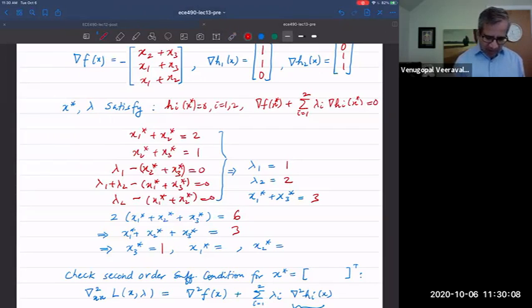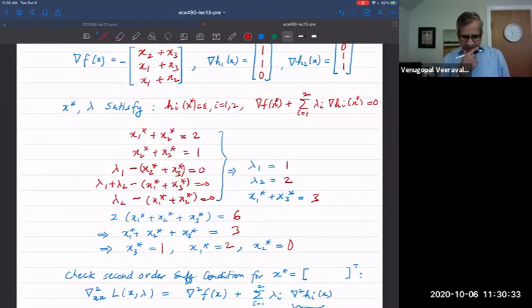Similarly, x2 star plus x3 star is 1, so x1 star must equal 2, and x2 star has to be 0 in that case, because they have to sum up to 3. Okay, so this is a unique solution for x star, and the corresponding lambda is just this 1, 2.